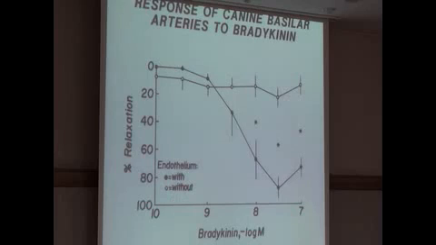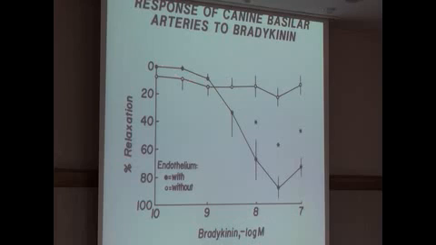Another very important example is bradykinin. In this experiment here, we looked at the cerebral arteries with and without endothelium. We pre-contracted it, actually it was not phenylephrine in the basal artery, it doesn't matter. We pre-contracted it and then added increasing concentrations of bradykinin.